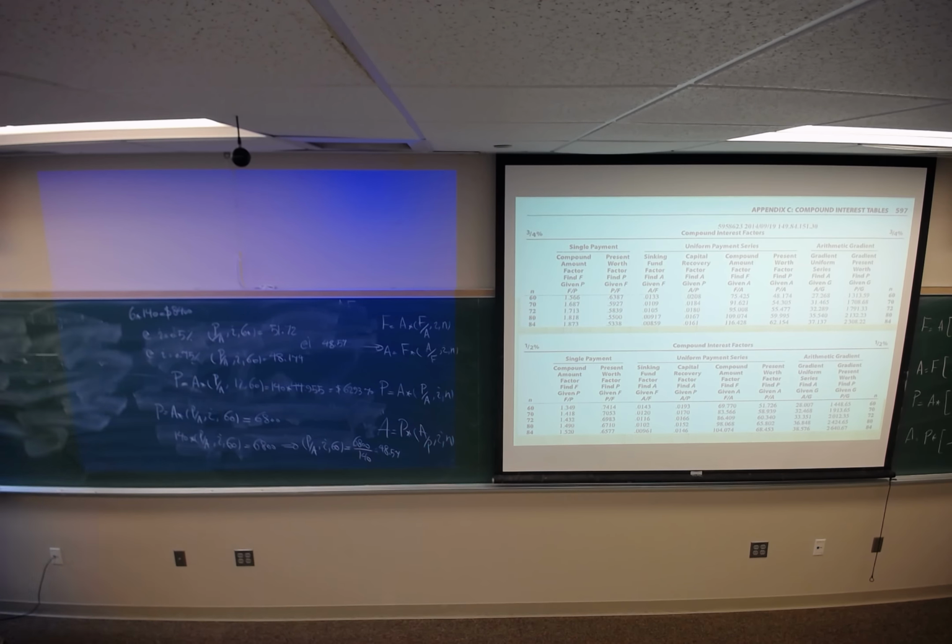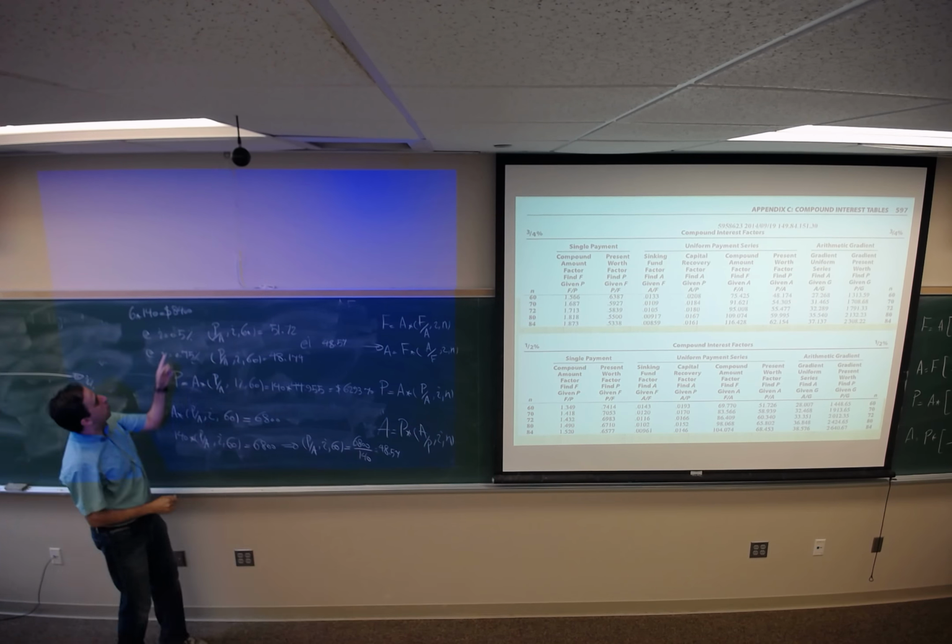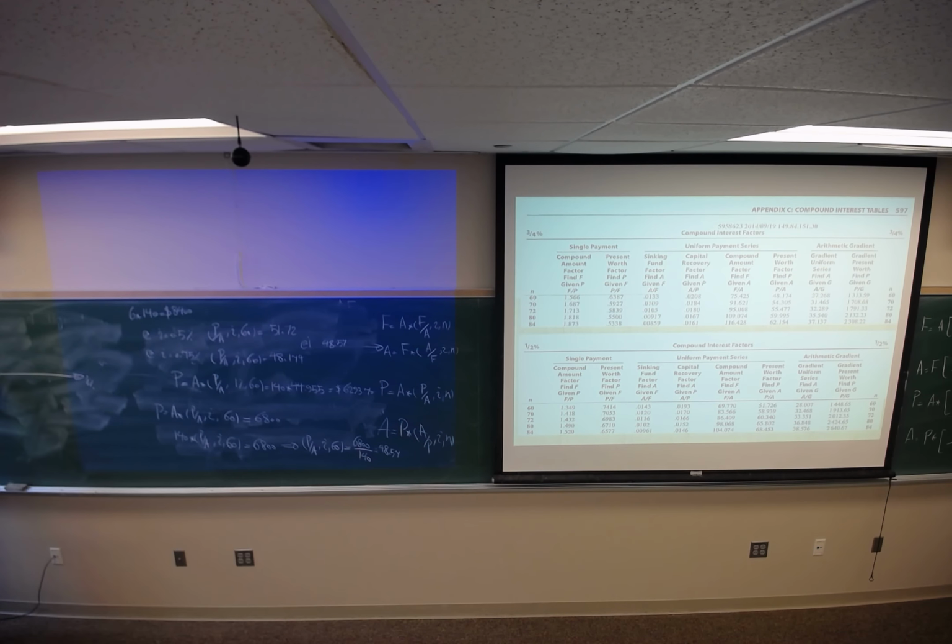This is how we are going to use it. So draw this axis representing i. This axis is representing P over A, i, 60. So at i equals 0.5, this factor is 51.72.